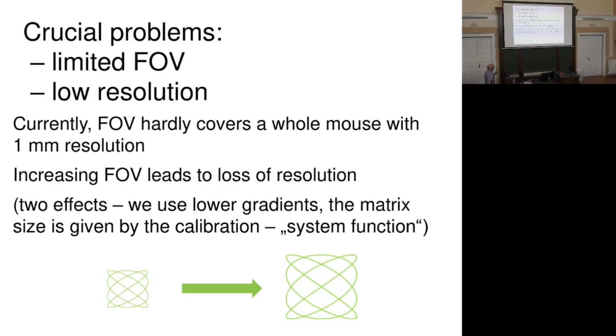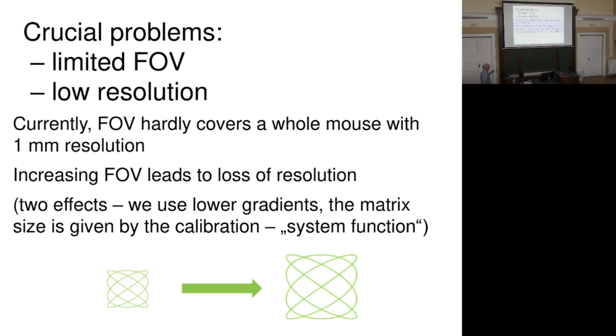Currently, field of view, as we spoke about during the morning, hardly covers a whole mouse, not speaking about the whole human. Increasing field of view leads to loss of resolution, or to other problems, patch measurement and so on.